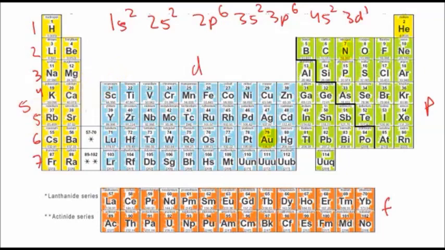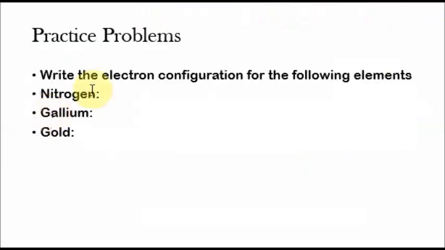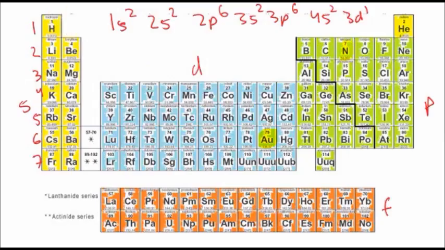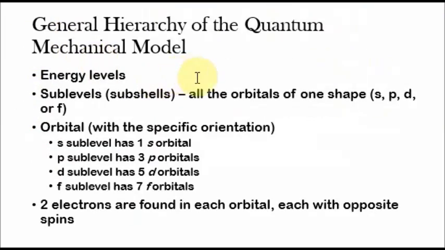Okay, one final thing I wanted to mention before we start doing a few practice problems for electron configuration is: where are these numbers coming from? You can think about it like this. Let's say there was a question saying, within the d sublevel, what is the maximum number of electrons that we can have?